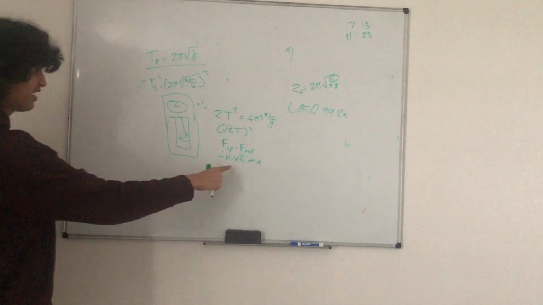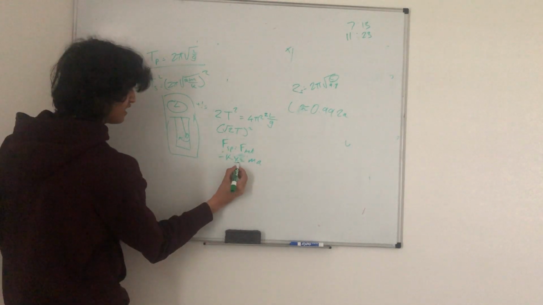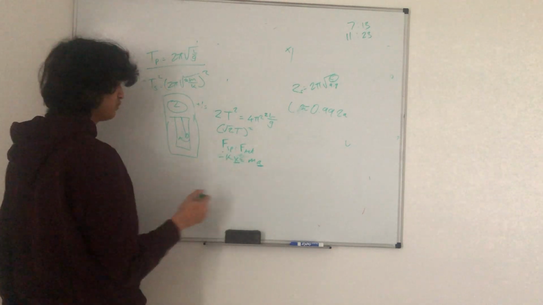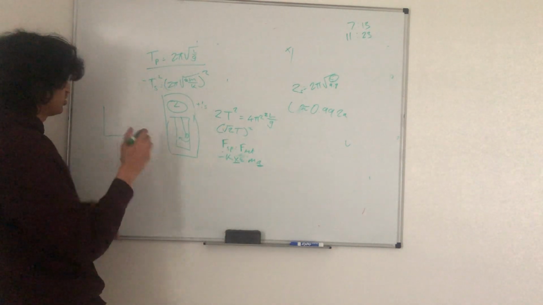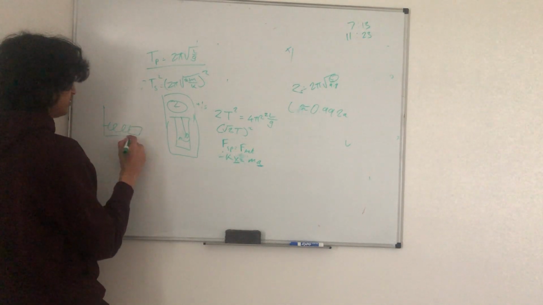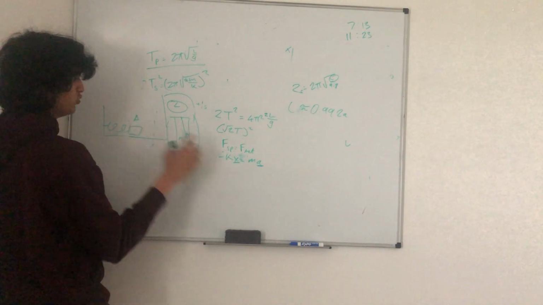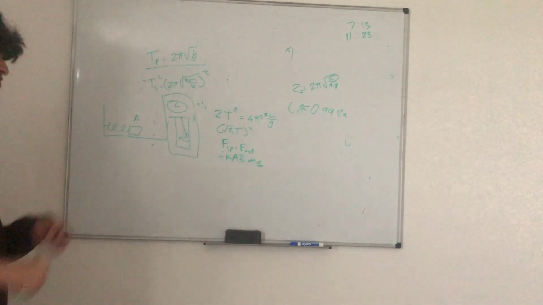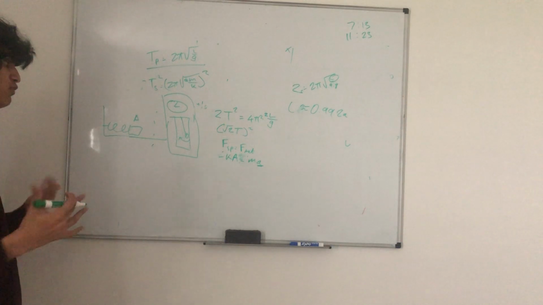When x is at a maximum, the acceleration will be at the max acceleration. When is the spring most stretched? It's at the amplitude. You would just plug in A here, and then you can figure out the max acceleration. I saw a problem like that, so I just thought I'd mention it.